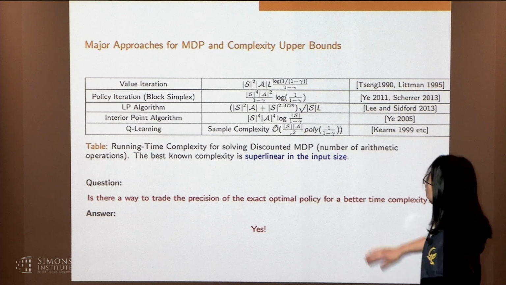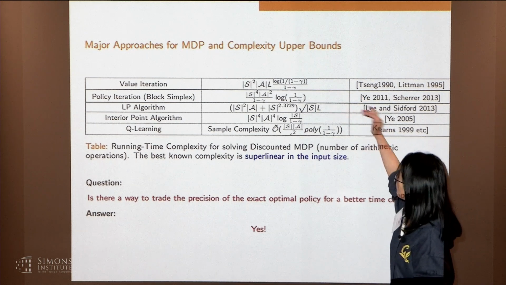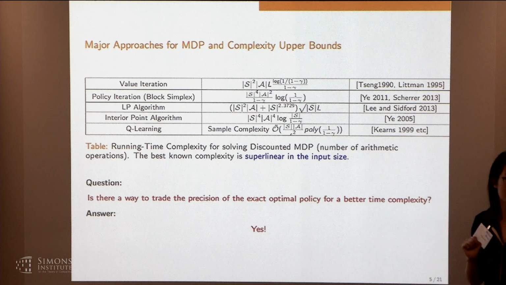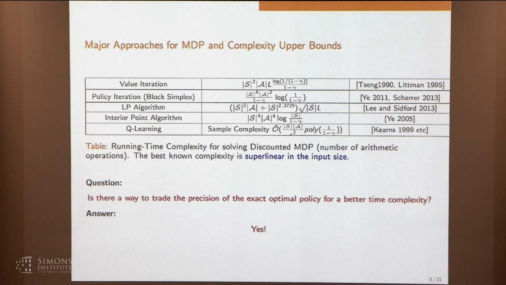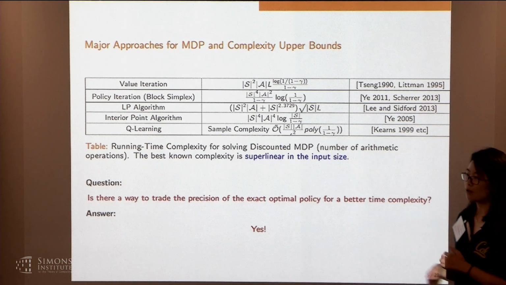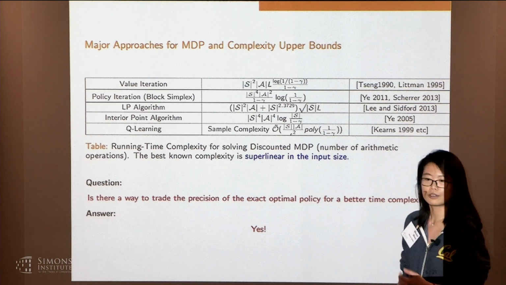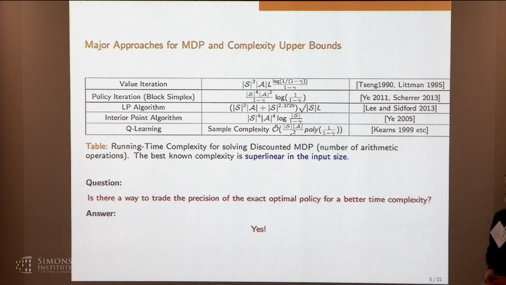And if we look at those four complexities, we notice that all of them are at least linear. Most of them are actually superlinear with respect to the input size. So what is the input size? The input size is I squared A. However, if we look into the literature of reinforcement learning, one of the most popular algorithms is Q-learning.